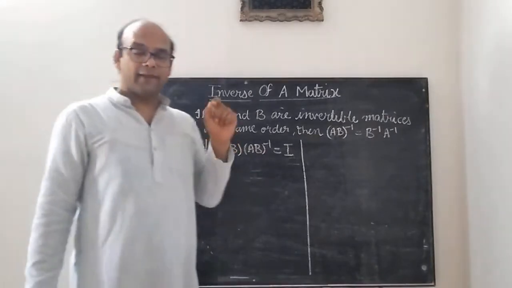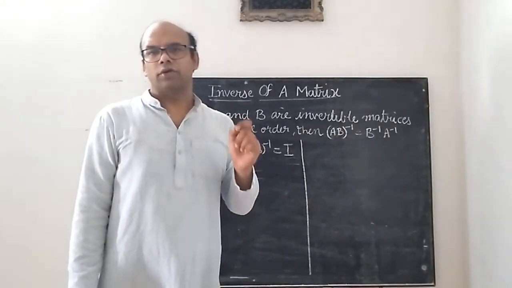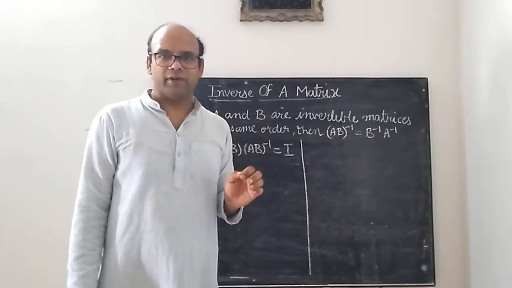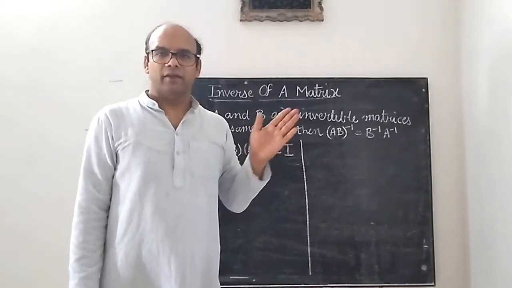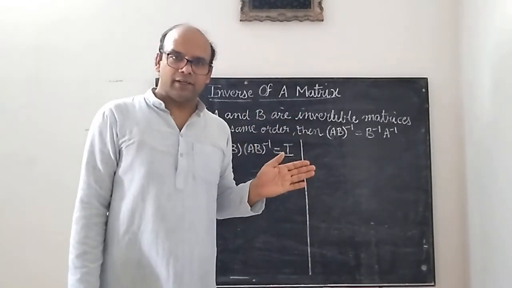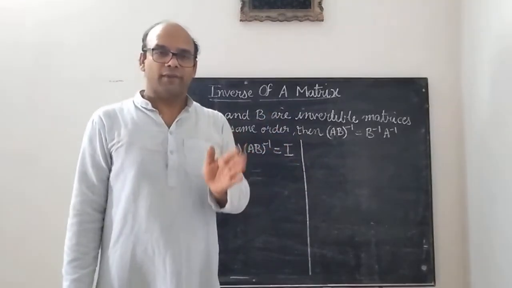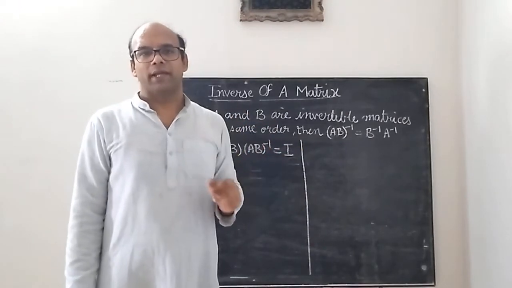Now, another important thing is that matrix multiplication is not commutative. So whenever we multiply by a matrix, we have to specify whether we are multiplying from the left side of the other matrix or to the right of it. That means whether we are pre-multiplying or post-multiplying.